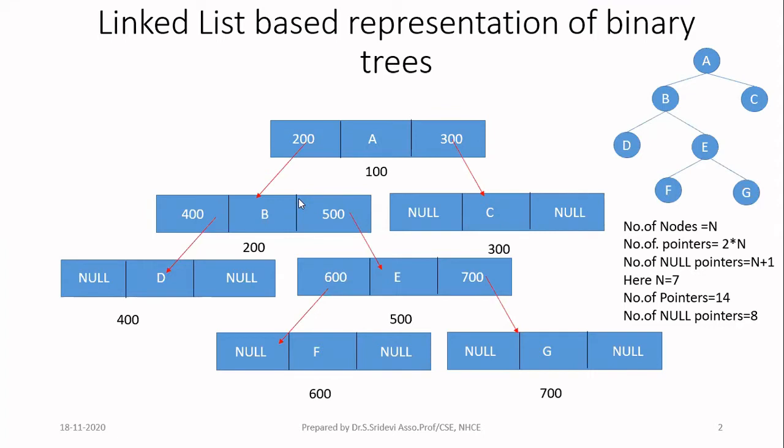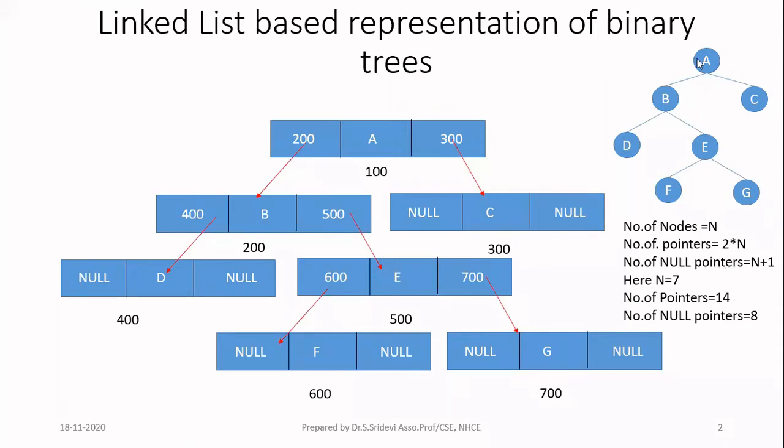There is a formula to compute how many null pointers are there in a binary tree. The formula is, if you have a total of n nodes in a binary tree, the total number of pointers will be 2 multiplied by n, because it is a binary tree. Every node will have 2 pointers, one to the right child, another to the left child. So the total number of pointers will be 2n. Out of 2n pointers, you will have n plus 1 null pointers.